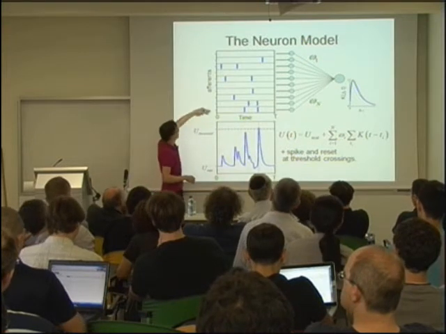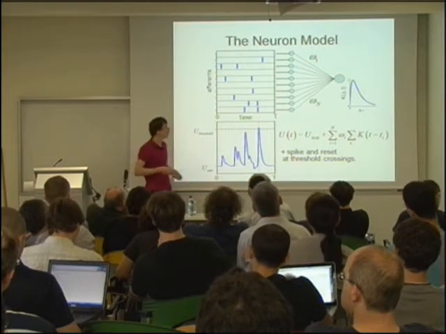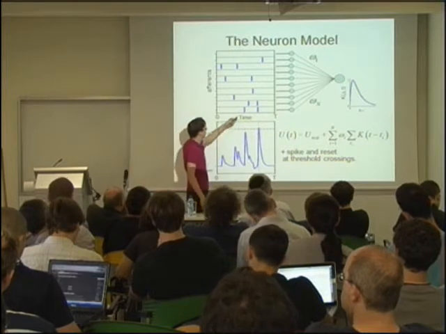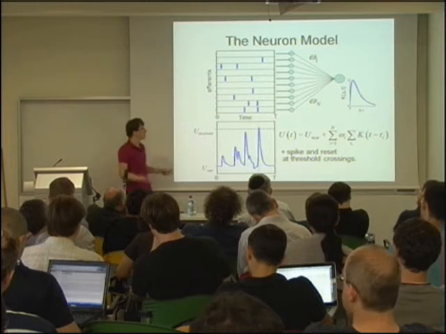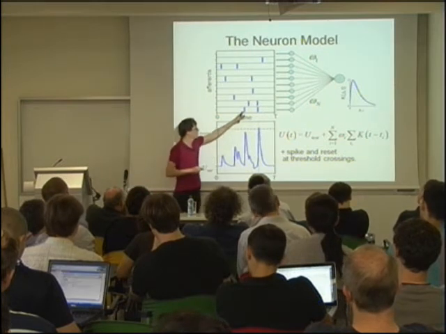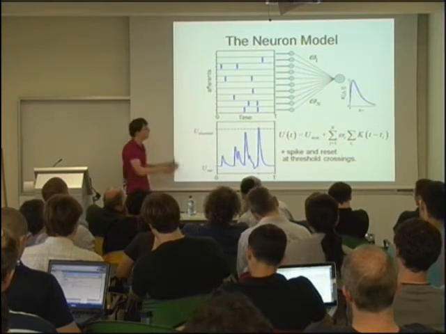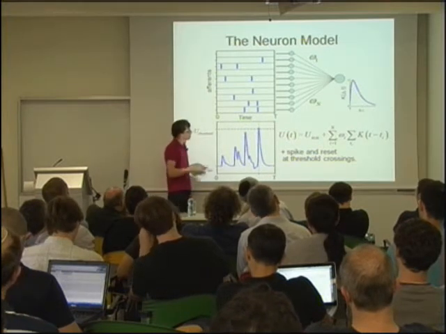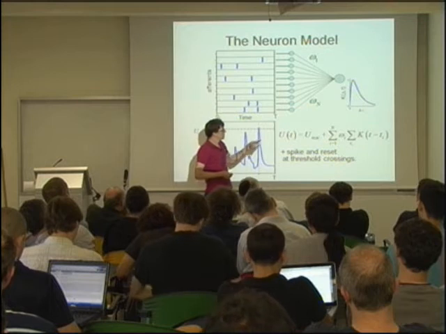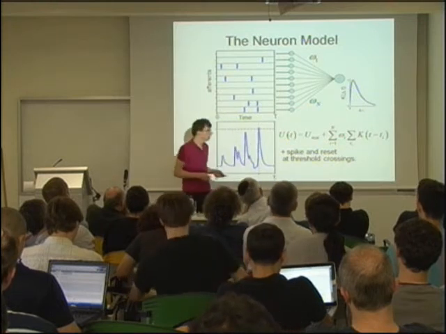Each line represents the activity of each of the input neurons. When there's a blue line, it means there's an input spike coming from this neuron at this time. So these are the kind of patterns the neuron sees. What it does is a simple integrate-and-fire neuron.